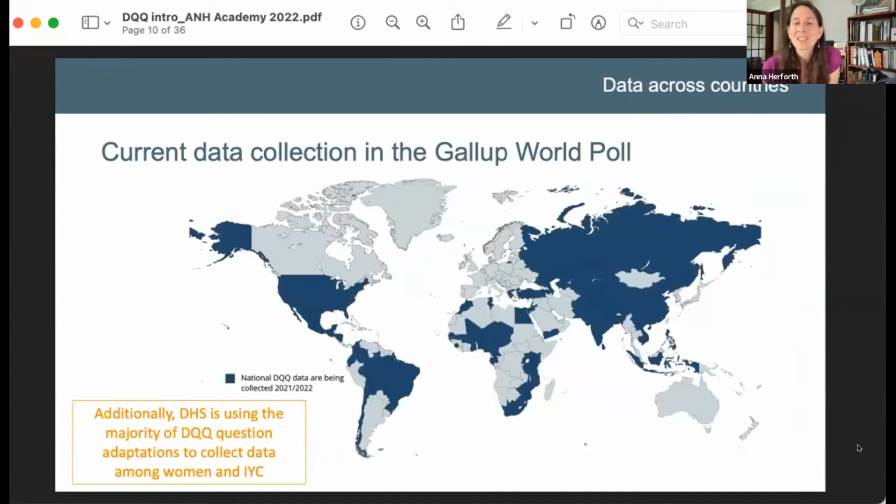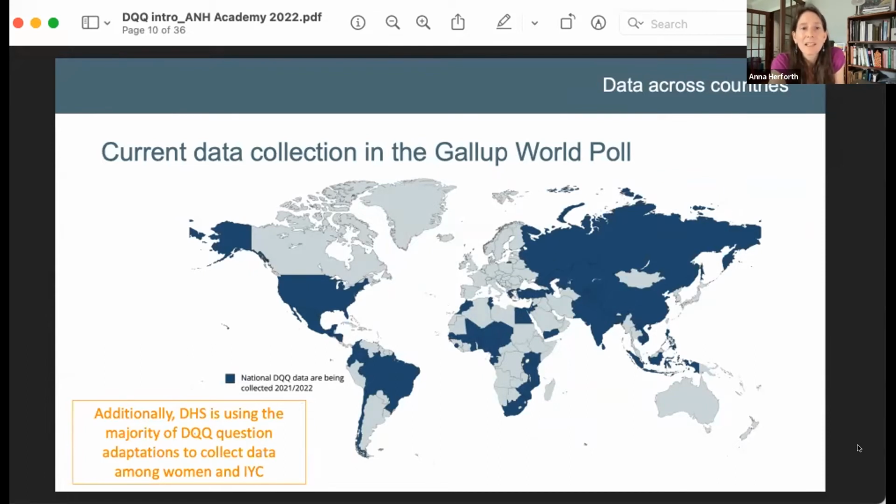And then looking just towards the bigger picture on the whole project, it's very exciting that the DQQ has been implemented now in the Gallup World Poll so far in 40 countries, and will be up to 55 countries next year. And you can see these as shown in the map here.